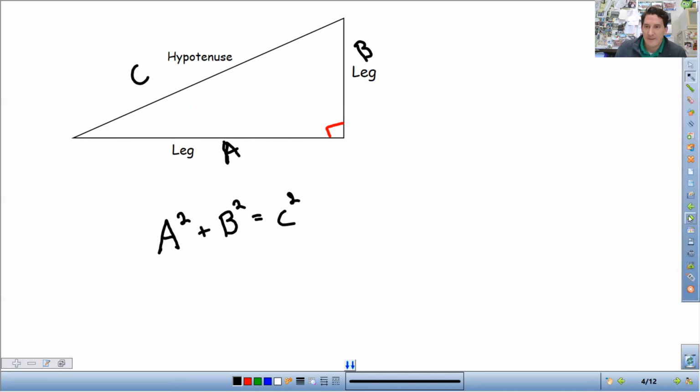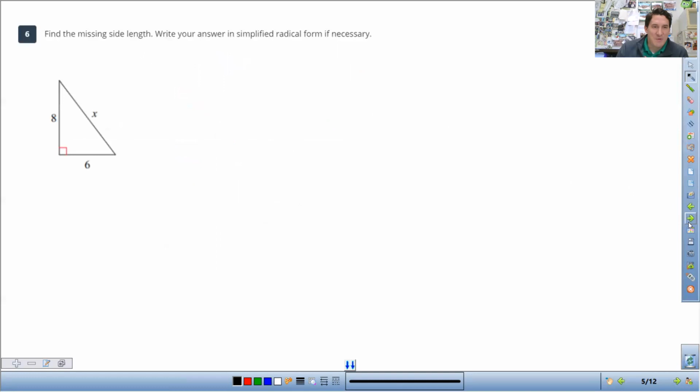So let's look at an example. Find the missing side lengths. Write your answer in simplified radical form. We've practiced simplifying radicals. So first thing I'm going to do is label the sides A, B, and C. C is always the longest side, so this side here. And A and B are interchangeable.